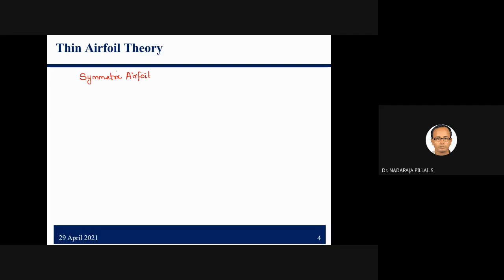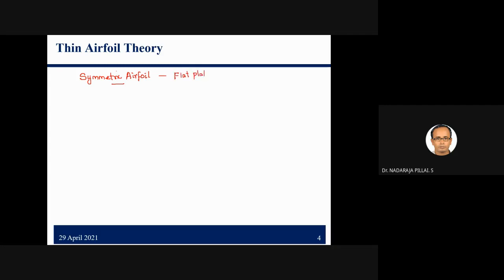Now, I said the vortex sheet is placed on the chord line and the airfoil is so thin. That means this symmetrical airfoil is almost treated as a flat plate, flow over a flat plate.